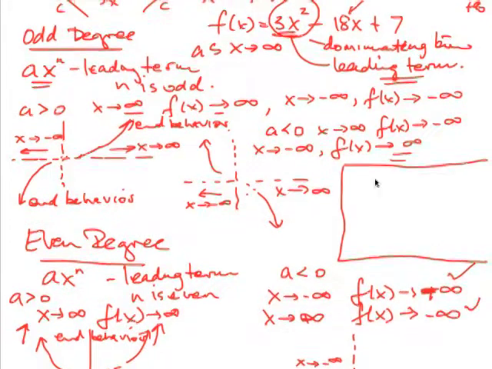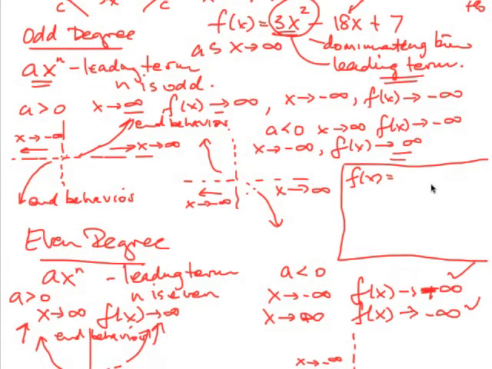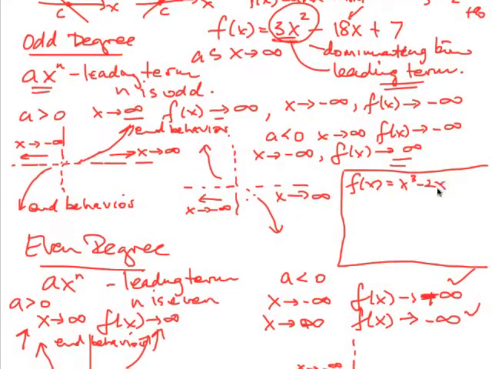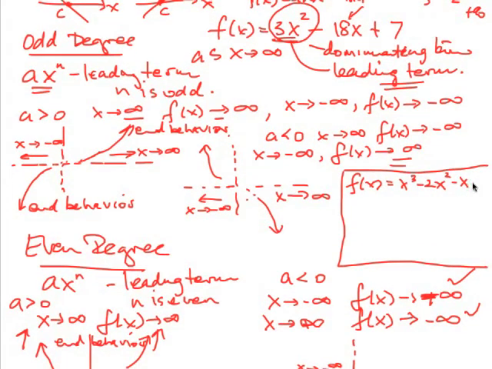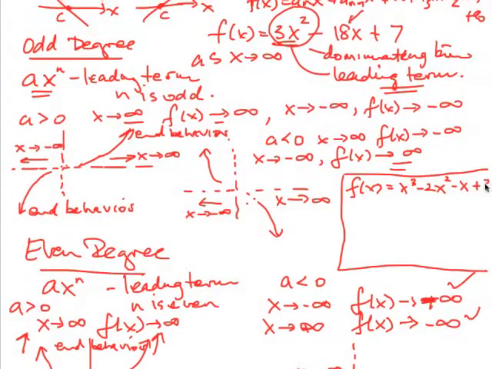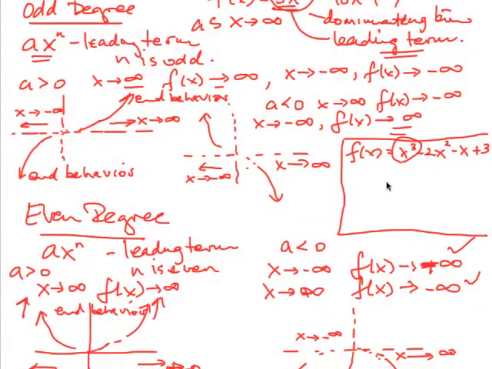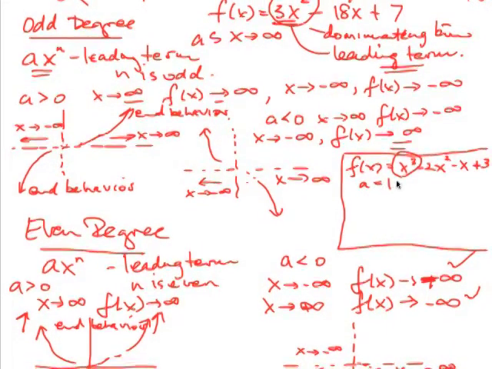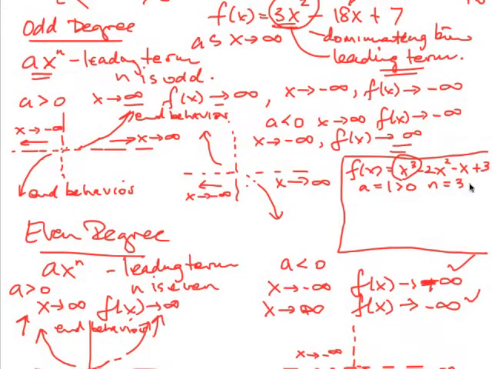And of course, if we look at an example, let me just do a little section here. Suppose I have this particular function: f of x is equal to x cubed minus 2x squared minus x plus 3. The thing we're interested in is this leading term. And so notice what we have here: a is equal to 1, which is positive, and n is equal to 3, which is odd.